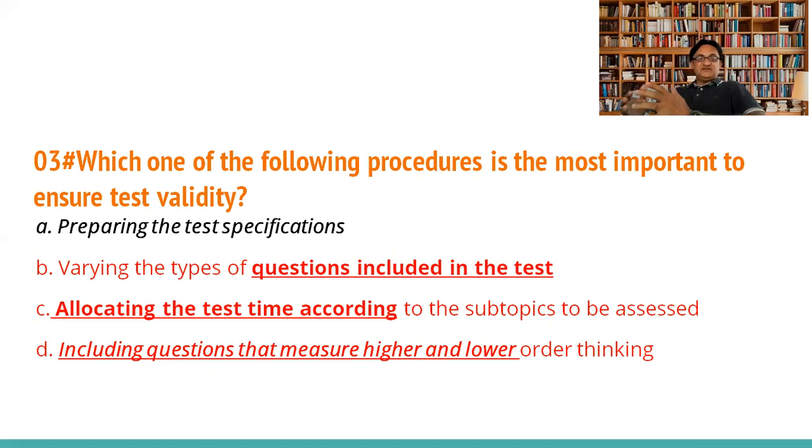Including questions that measure higher order thinking doesn't make sense on its own; of course, in the test specification, these things matter. So the most appropriate answer is preparing the test specification criteria, which ensures the test validity.